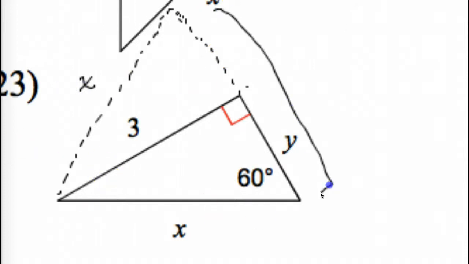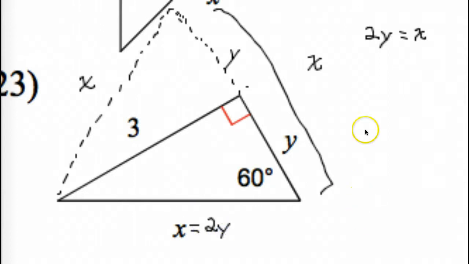And then over here, this is x. But here's y. Y is like half of x. So that's like y times 2 equals x, or x equals 2y. Why would that be helpful? Well, if I did leg squared plus leg squared equals hypotenuse squared, I could say that y squared plus, whoa, that's wrong.